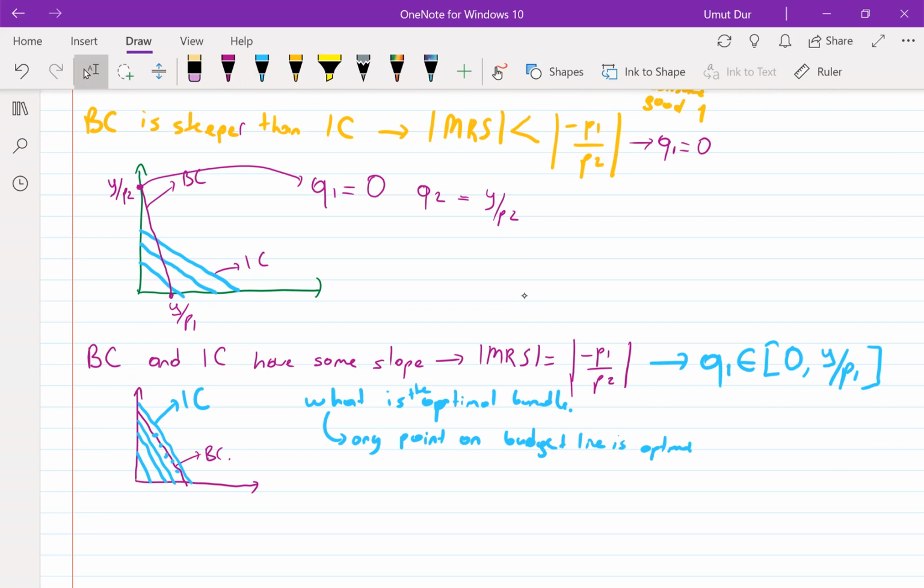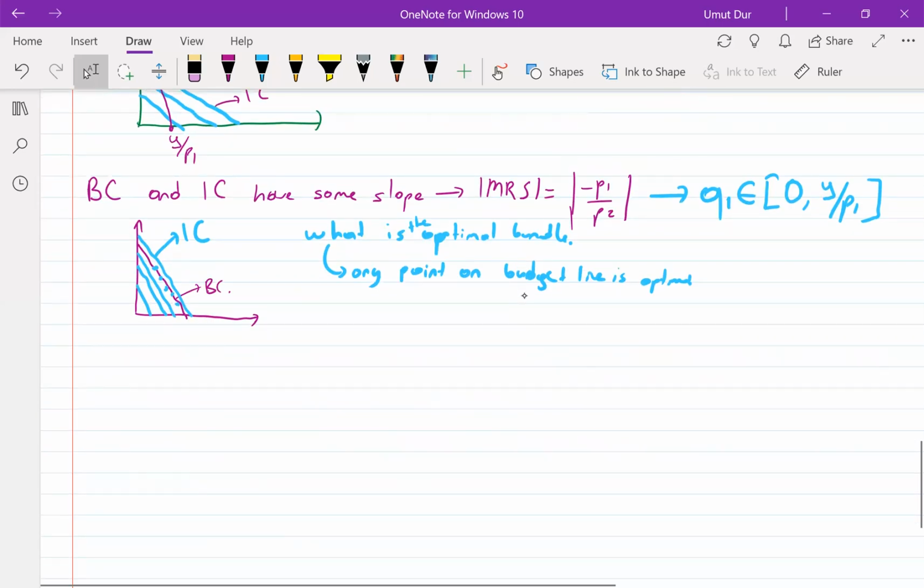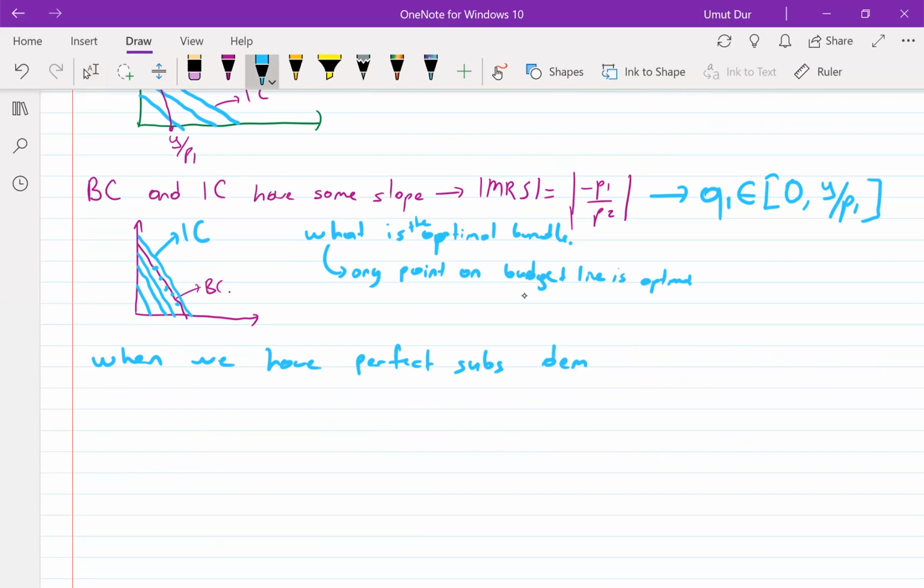Okay, so this is how we derive the demand function for Q1 when we have perfect substitutes. Let's try to summarize it. When we have perfect substitutes, demand for good one is as follows.